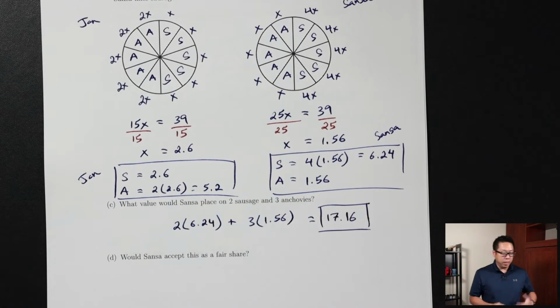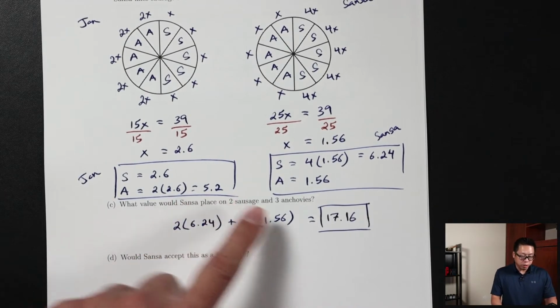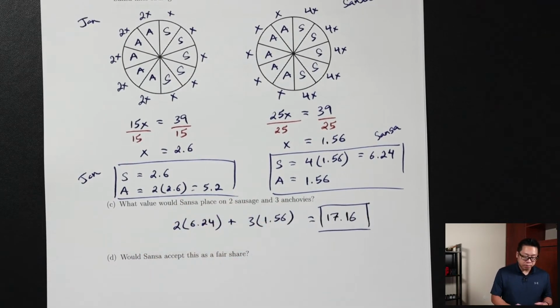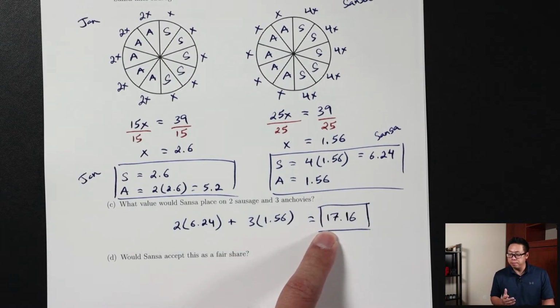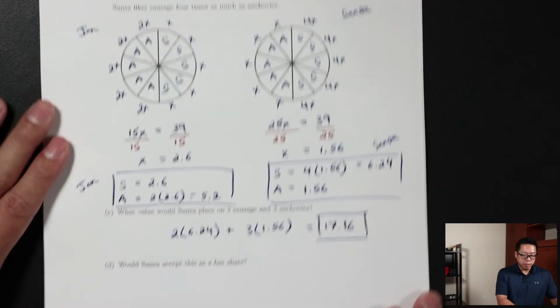Okay, what that means is that if we gave Sansa 2 sausage and 3 anchovies, in her eyes, she would have gotten $17.16 worth of pizza, based on her value of the pizza.